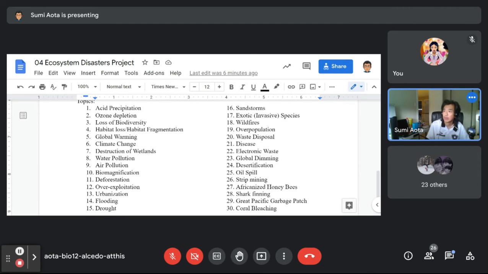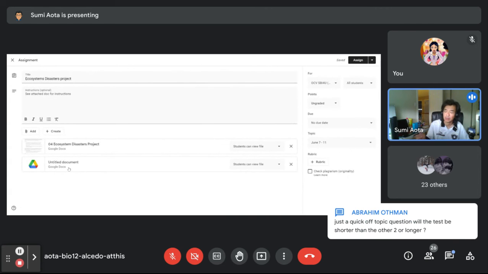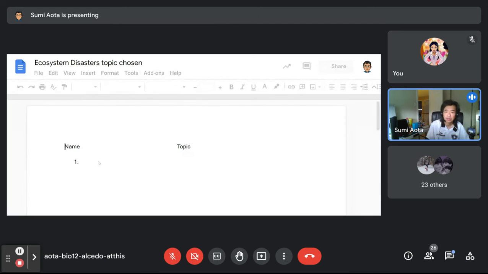So if I share the tab, when you open it, you're going to see this untitled document. I don't know why the title didn't transfer. But if you click on it, it should open up to this.